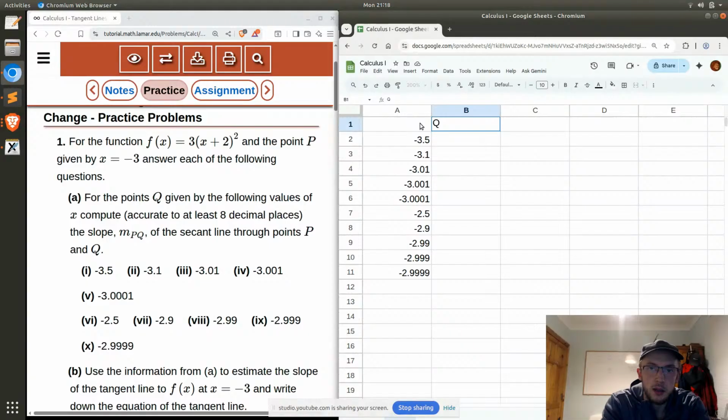So I will head this column Q, and I will call that m of PQ. And then here I will insert my formula. So let's see.